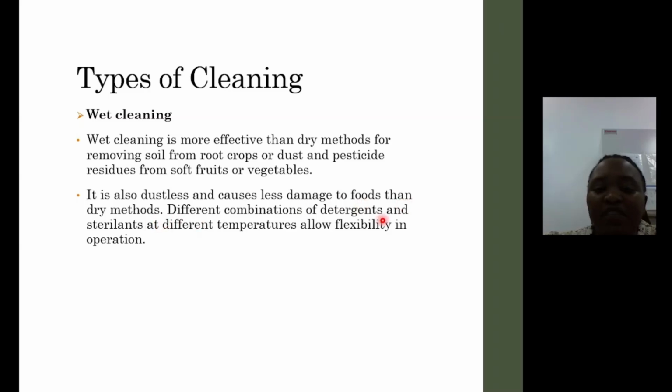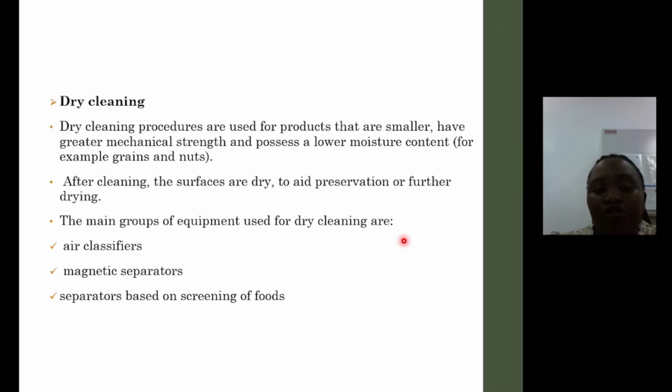Different combinations of detergents and sterilants at different temperatures allow for flexibility in this unit operation. We also have dry cleaning, which are procedures used for products that are smaller, have a greater mechanical strength, and possess lower moisture content, for example, grains and nuts. After cleaning, the surfaces are dry to avoid preservation or further drying.